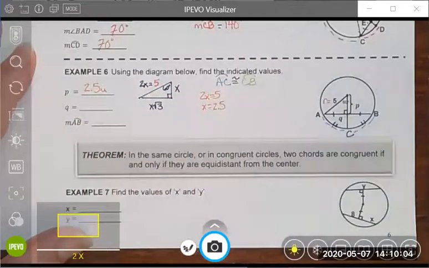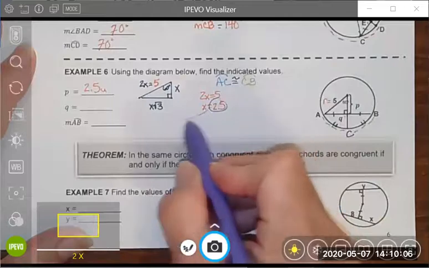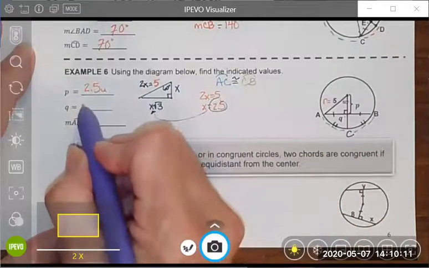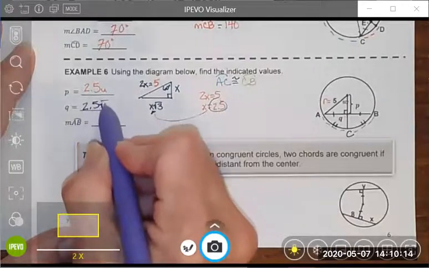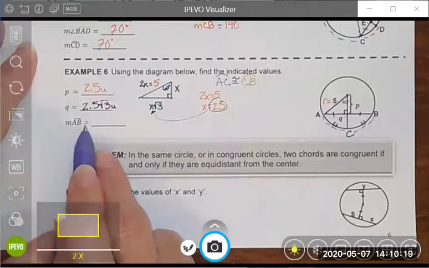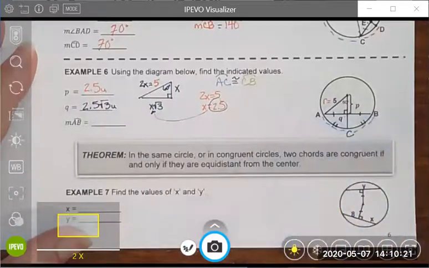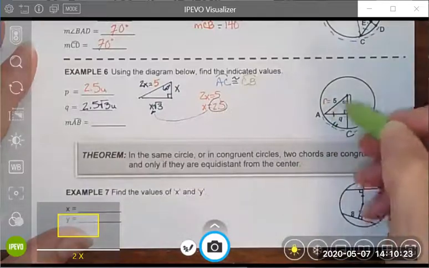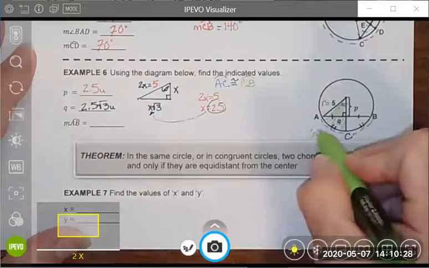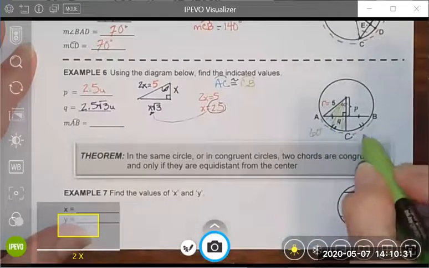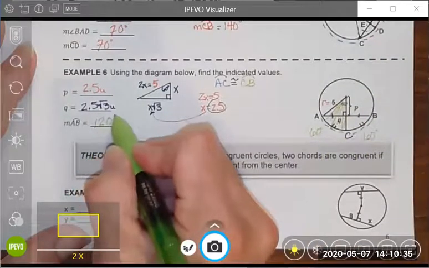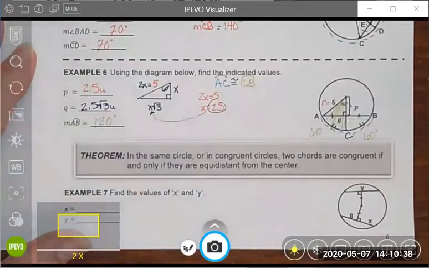I can substitute this value into my long side, and I know that my long side is going to be 2.5 square root 3 units. And to find the arc measure from A to B, this whole thing, I recognize that this central angle is 60 degrees, its arc is 60 degrees, these are congruent. So together, arc AB is going to measure 120 degrees.